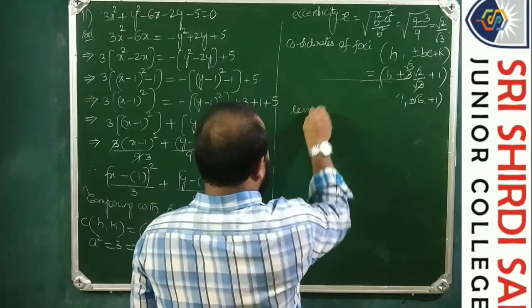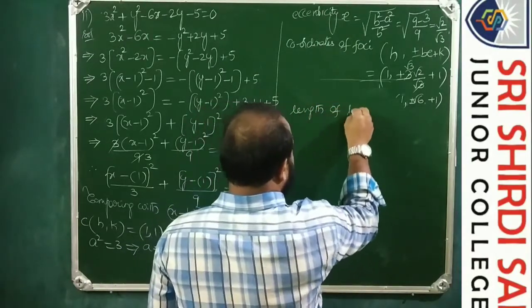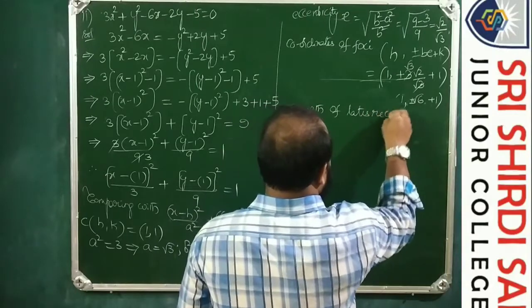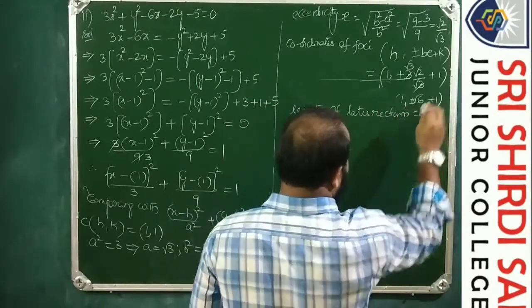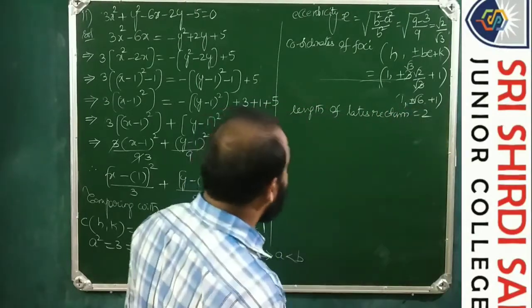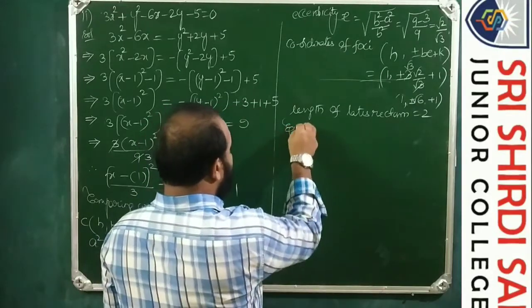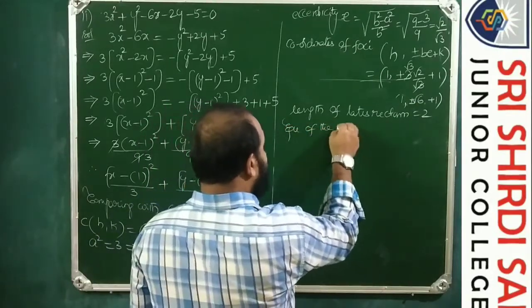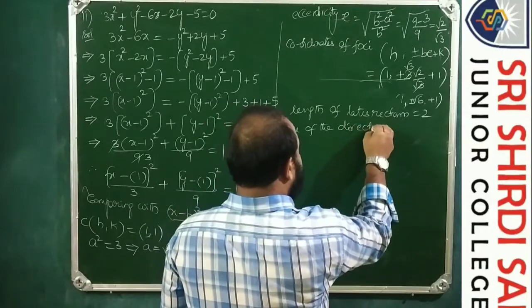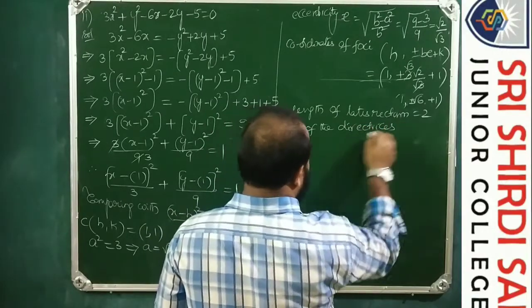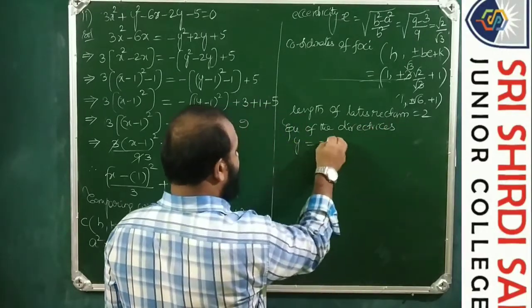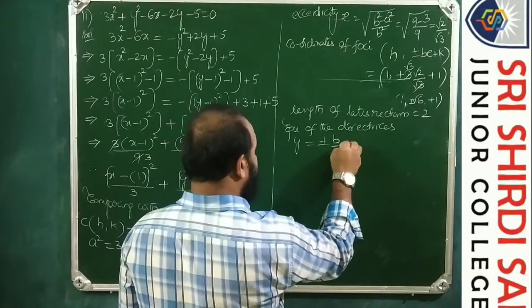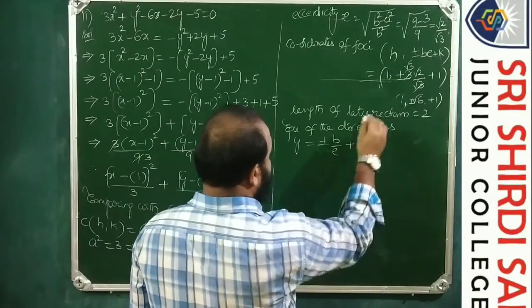The length of the latus rectum is 2, as we have just seen. Now the equation of the directrices is y equals plus or minus b by e plus k.